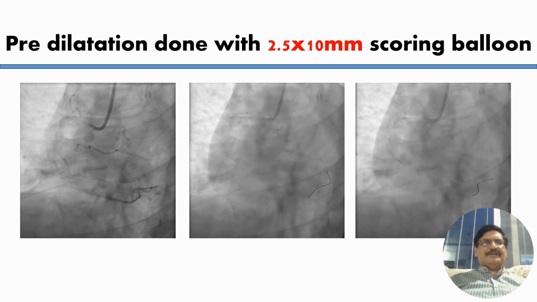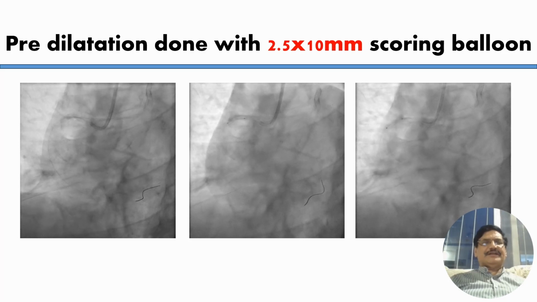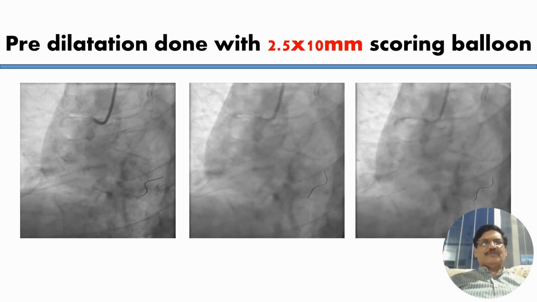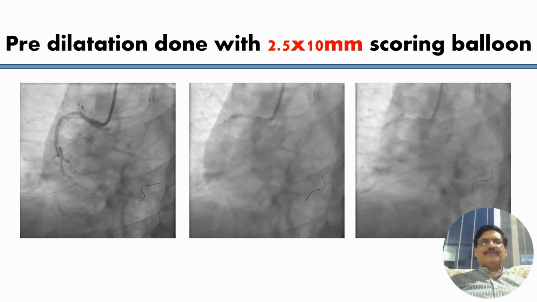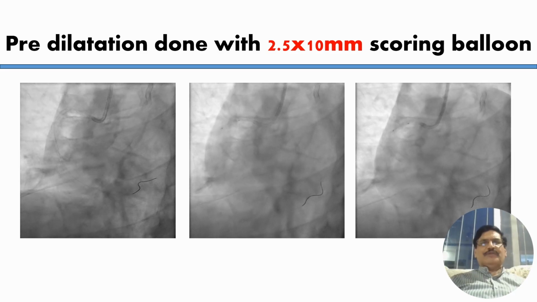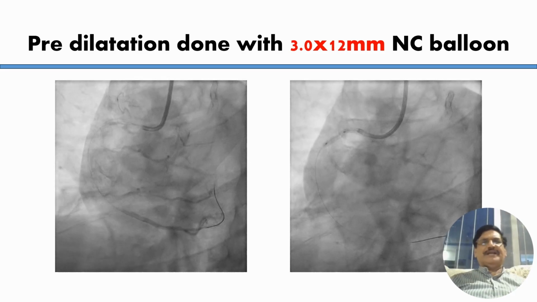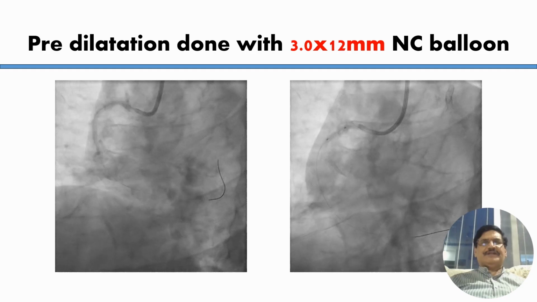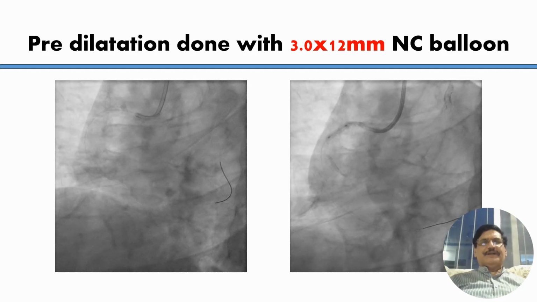And then this is the result. Still the residual lesion is present, so we further dilated with a 2.5 x 10 millimeter scoring balloon, and then we dilated the lesion with a 3 x 10 non-compliant balloon.